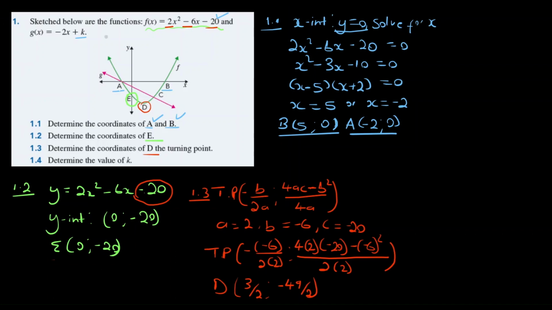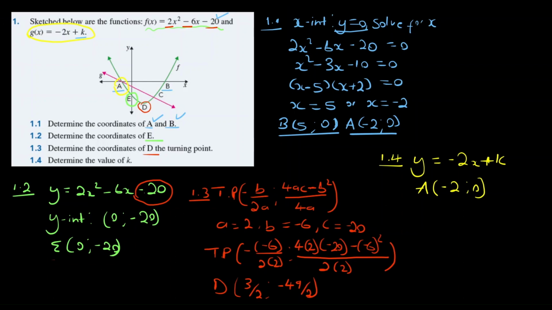Now we can move on to the last question, where we are asked to determine the value of k. The value of k is found in the straight line g of x, so y is equal to negative 2x plus k. But we know something: this graph passes through point A, and we know the coordinate of A is negative 2 comma 0.